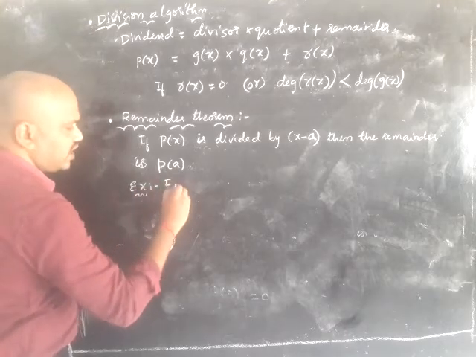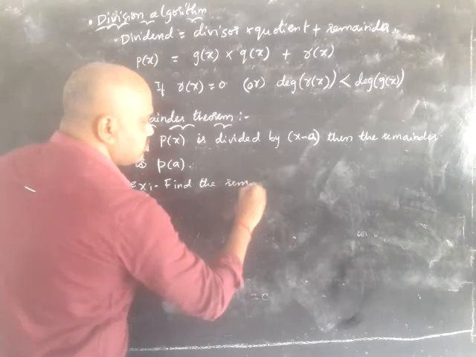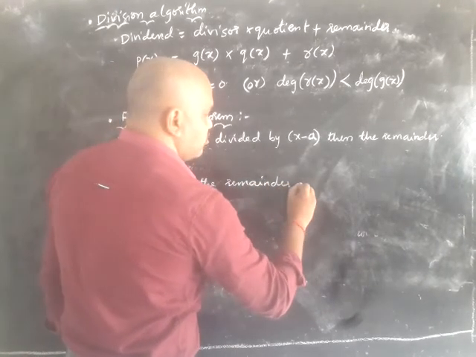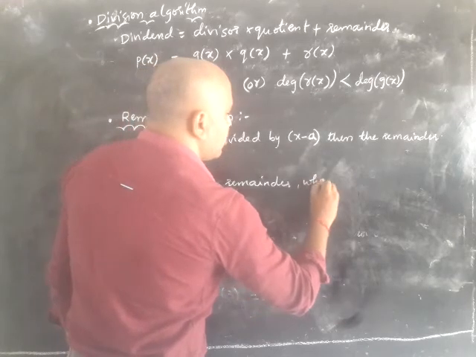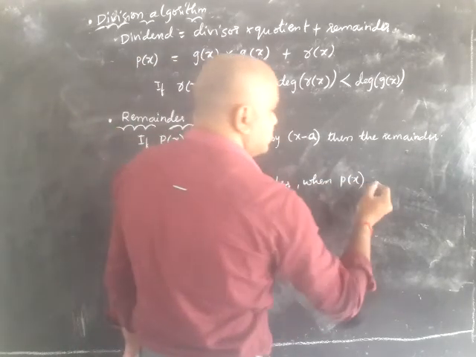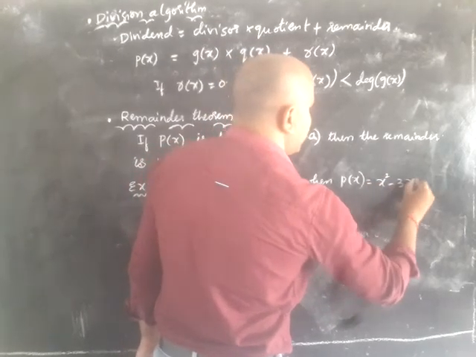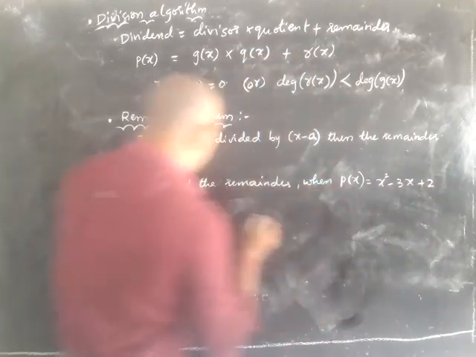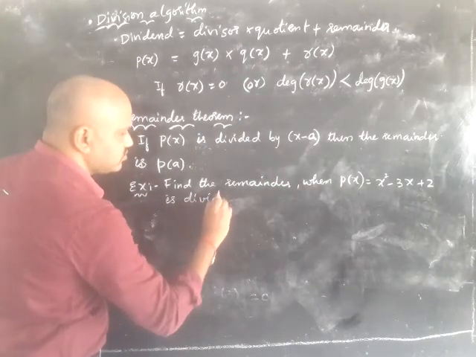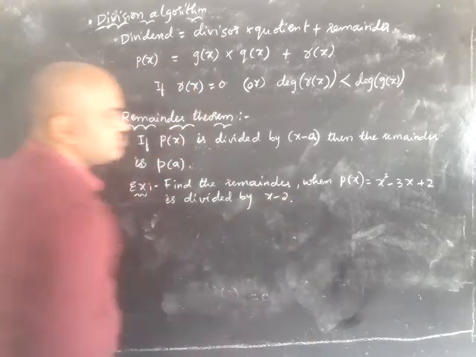Find the remainder when P of x, that is equal to x square minus 3x plus 2, is divided by x minus 2.